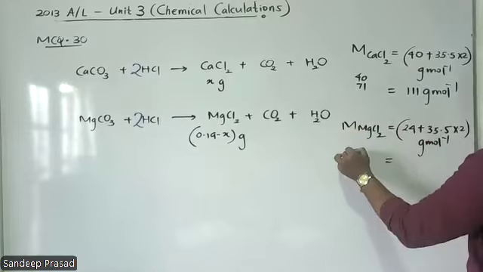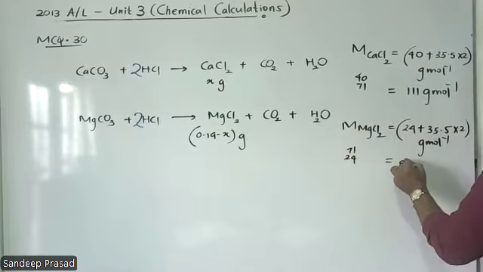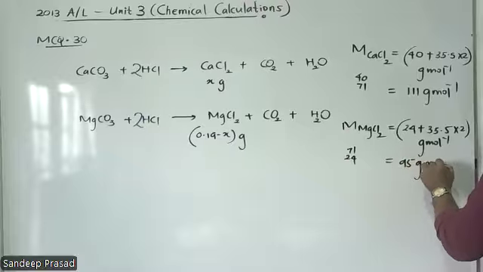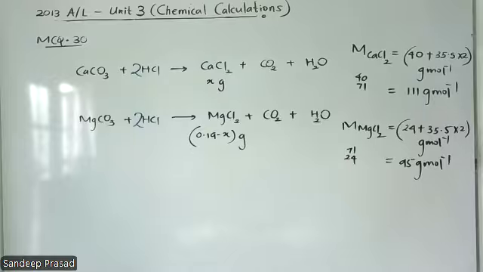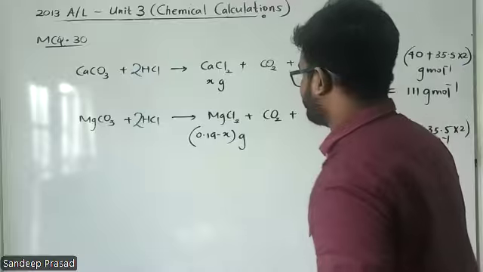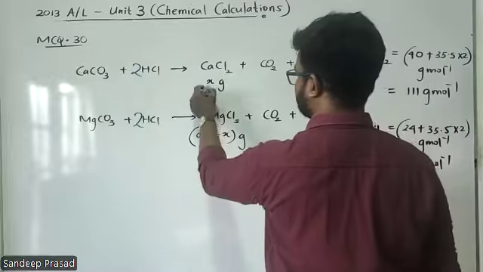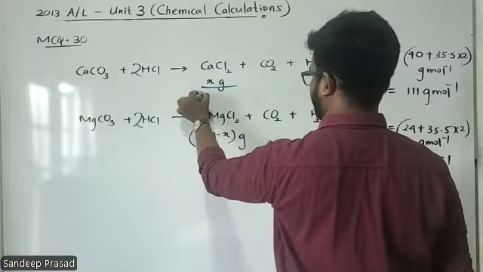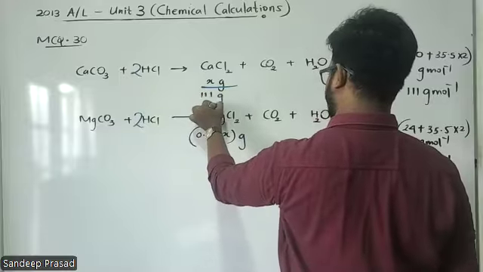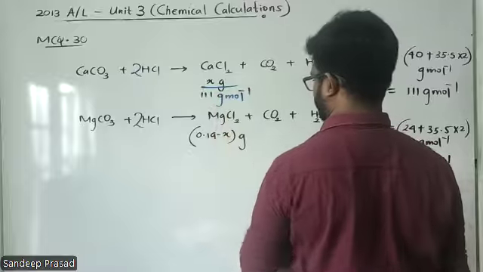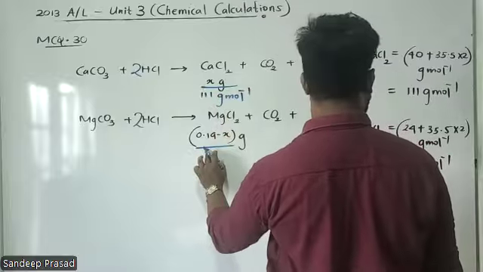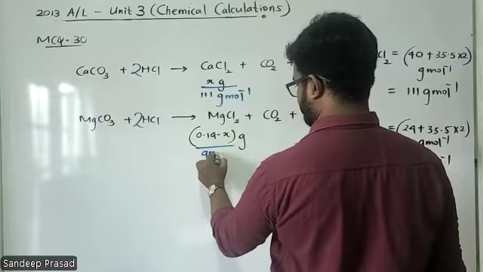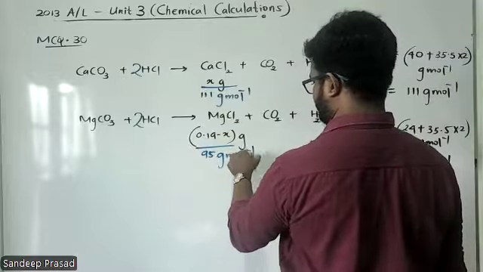Then 71 plus 24, 95 grams per mole. Then we can obtain the number of moles of calcium chloride as x grams divided by 111 grams per mole, and the number of moles of magnesium chloride similarly.